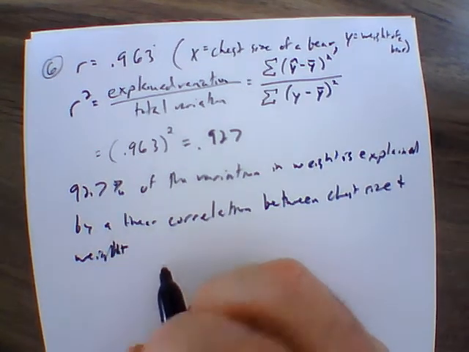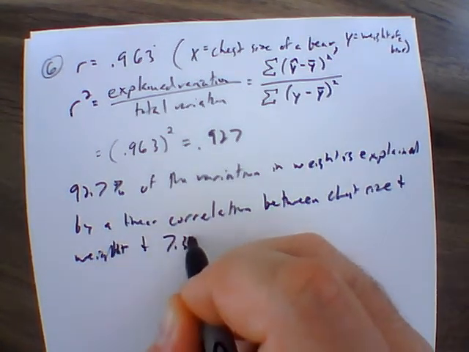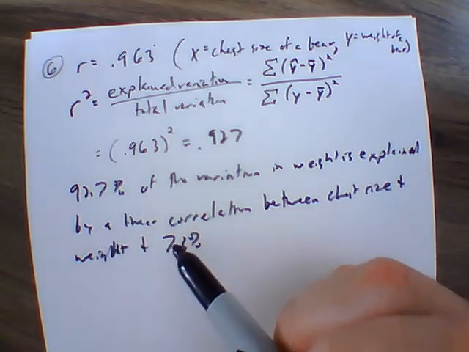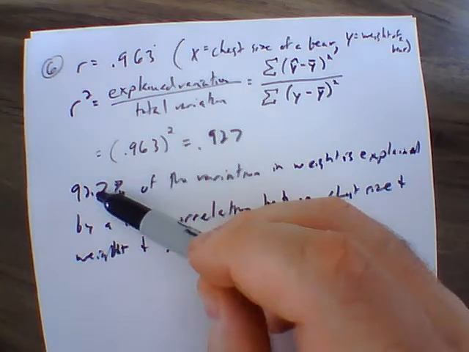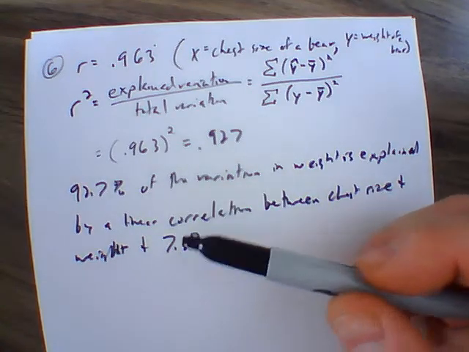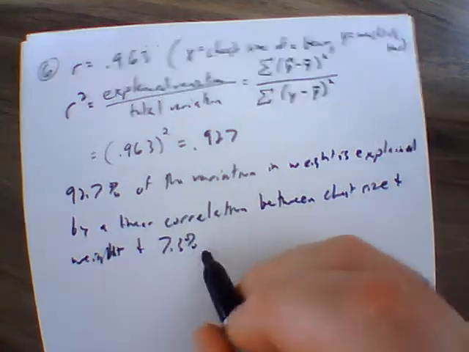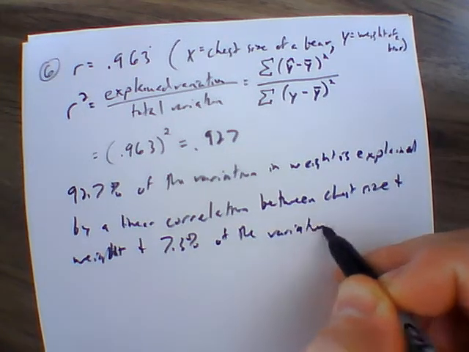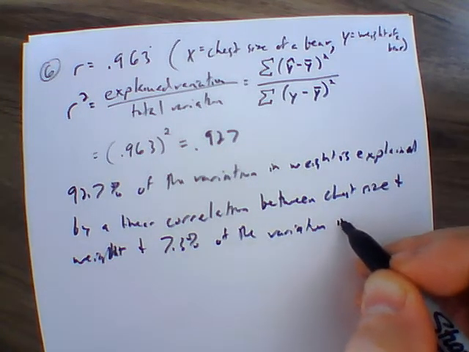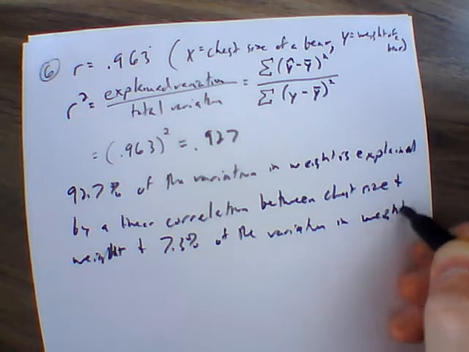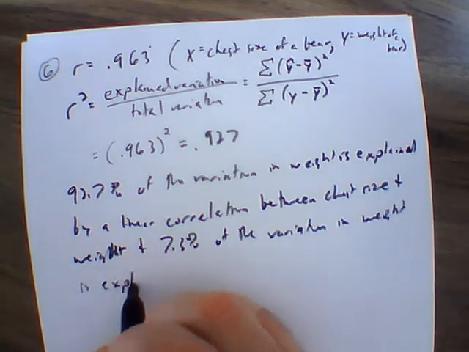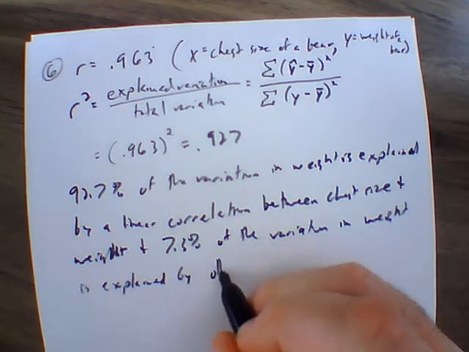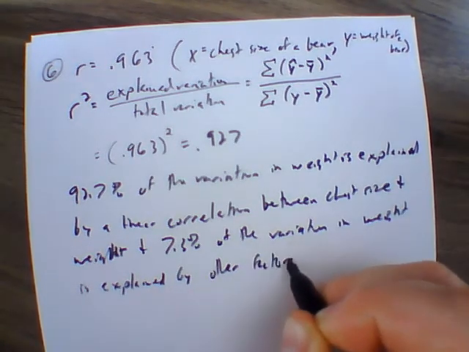And 7.3%, once again 100% has to be accounted for, so this is explained. 7.3% of the variation in weight is explained by other factors.